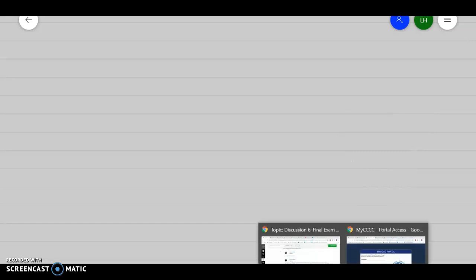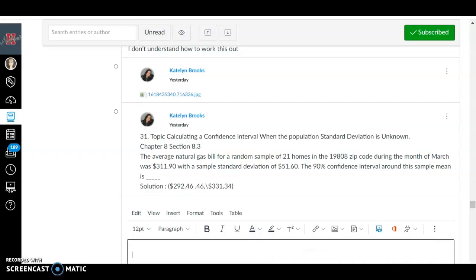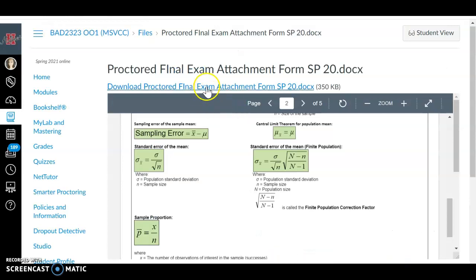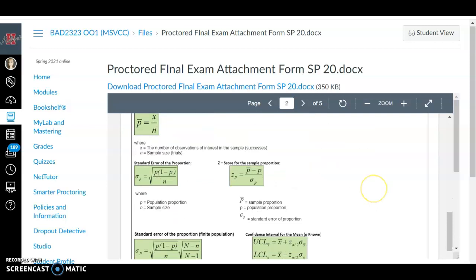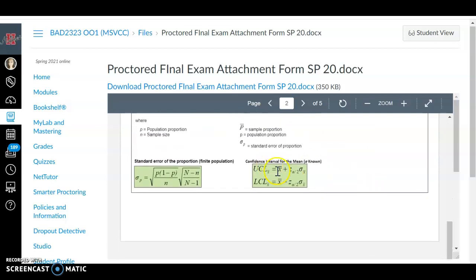Now, if you pull your formula sheet up in the final exam module, you'll see a formula for confidence intervals. This is with the z value, but you can use it for t as well. Just change the z to a t.